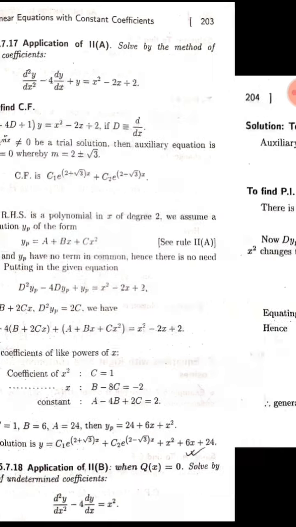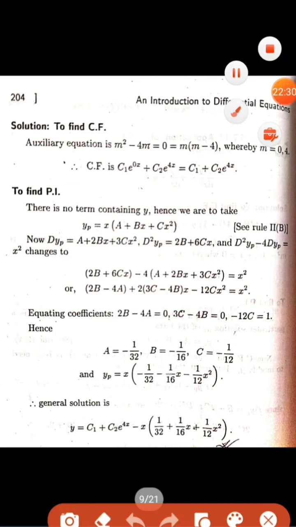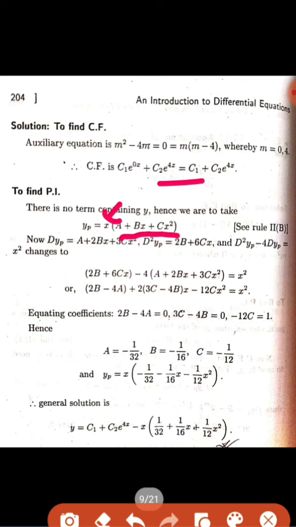For this you have CF already. Now you have to take YP here. In the right hand side, the power of x is 2, so you have to take it as a plus bx plus cx square and multiply with x.